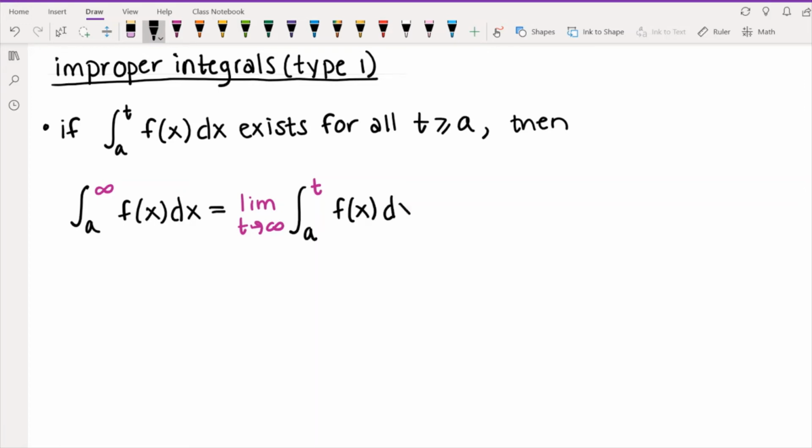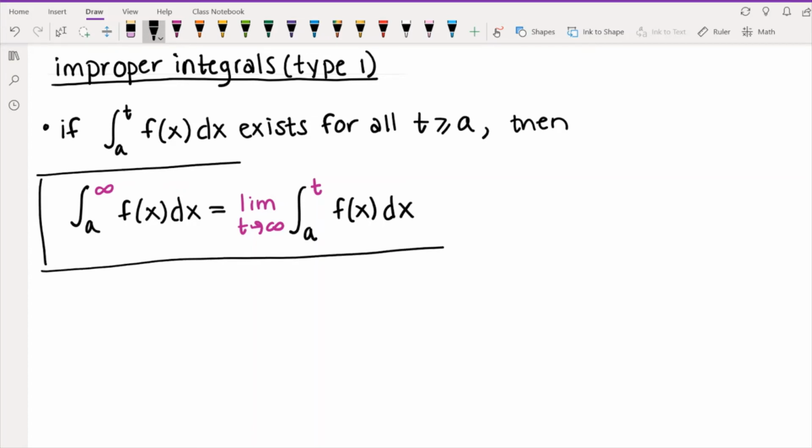So again, the idea is basically to forget about the infinity part temporarily so that you can focus on the integral and evaluate that, and then take the limit at the end.